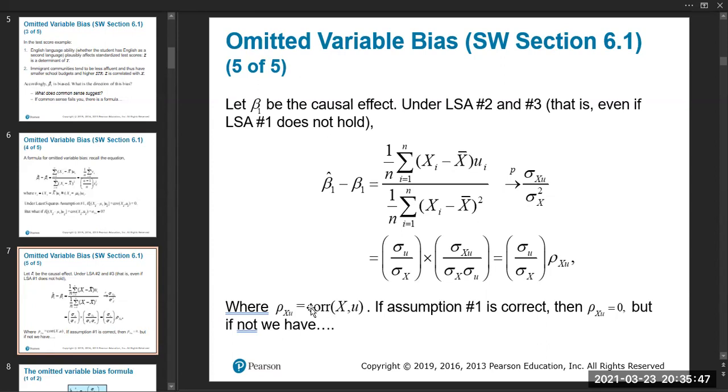The correlation coefficient is 0 if the assumption holds. If assumption 1 doesn't hold, then the correlation, rho, will not equal 0. That is how we trigger omitted variable bias.